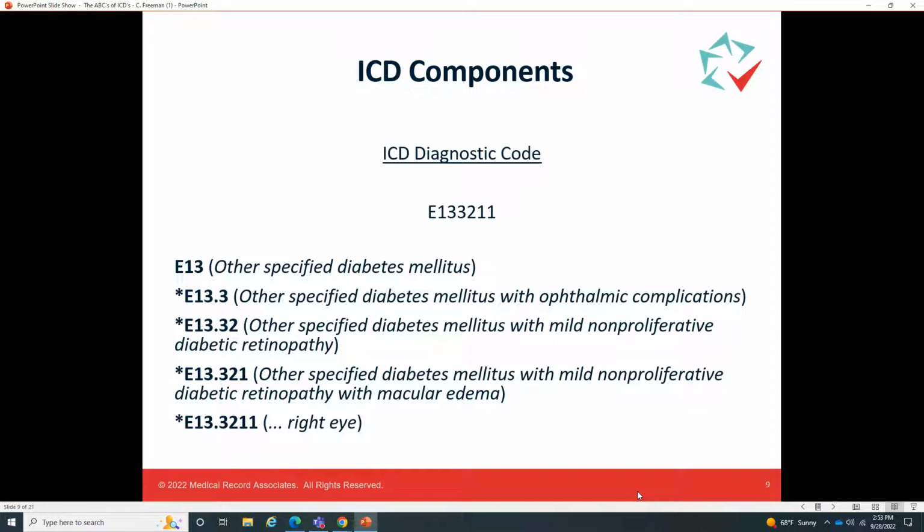E13.32, mild non-proliferative diabetic retinopathy. E13.321, with macular edema. And lastly, E13.3211, right eye. So you can see how it started out with the condition, and as we get more detailed with that condition, it gets all the way down to right eye.